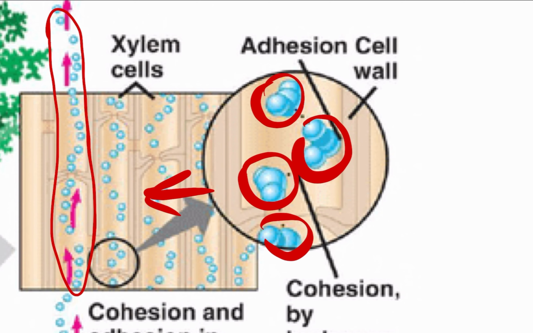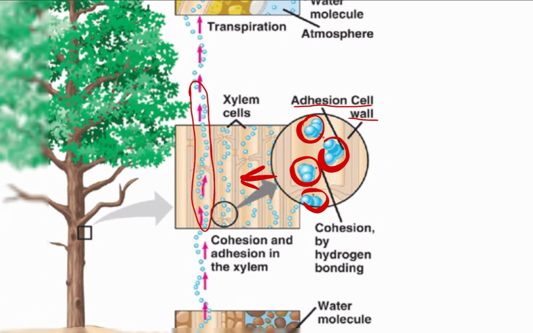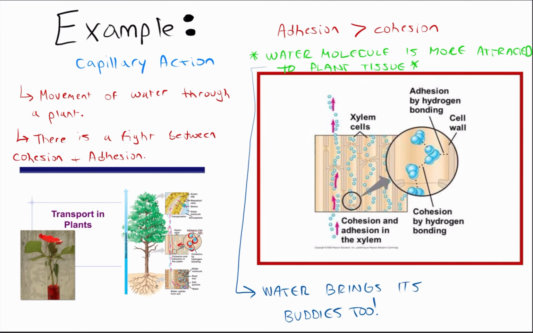But they also are initiating adhesion, where they're doing this to the cell wall of the plant, where there is an affinity there, where it actually prefers to be joined with the cell wall. So if we look up here, there's a fight between cohesion and adhesion.